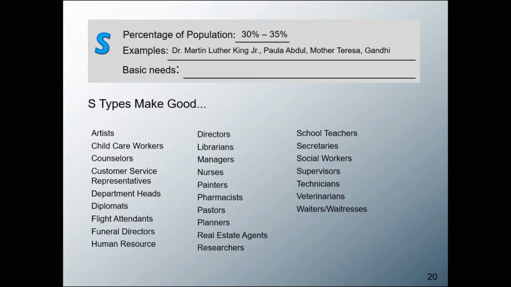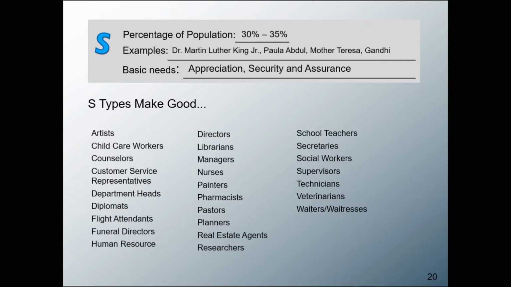So the need basically is appreciation, but helping people, being liked by people, being appreciated for what they do to people and with people. They need also security and assurance that everything will be fine, because that's what they look for. Harmony, that's what they look for the most.